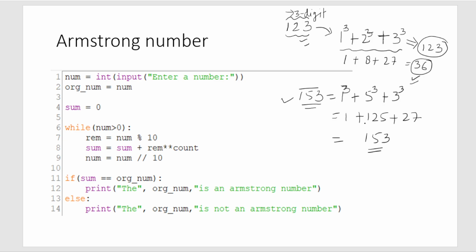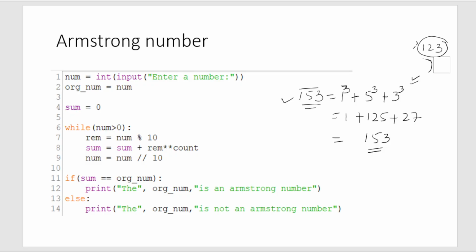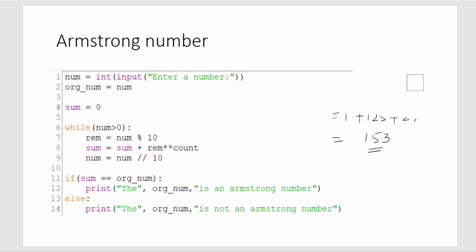So this is the basic concept of Armstrong number: you take out the digits and then you cube them, because it depends upon what you are doing. Whether you are cubing or raising to some other power depends upon the number of digits contained in the complete number, right?